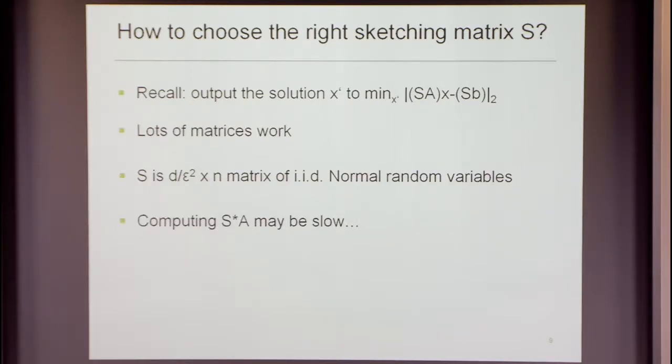Of course, we didn't gain much by doing this because computing S times A might be very expensive, right? S is a dense matrix of normal random variables. S times A could take nd squared time or even a little bit larger. But at least we know there is some S that works.